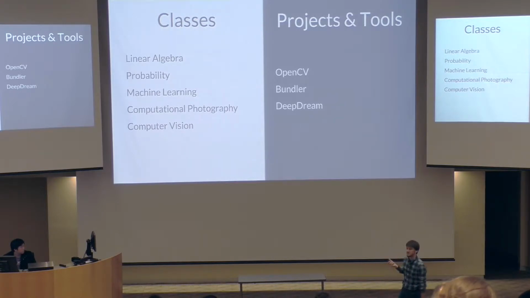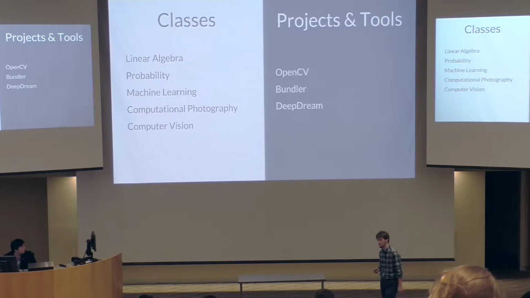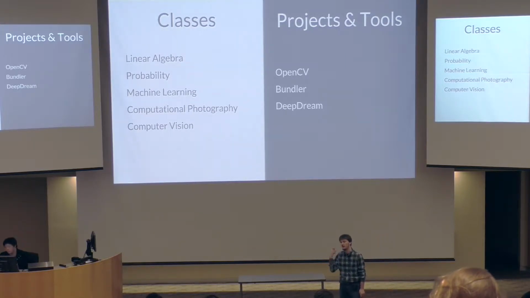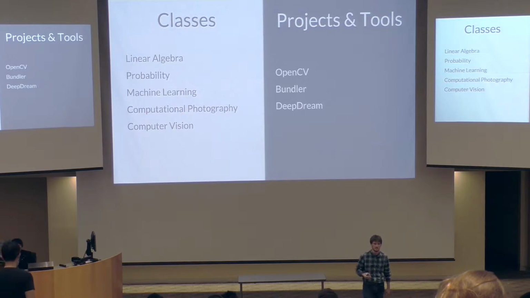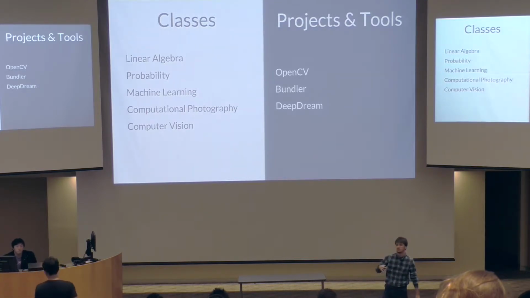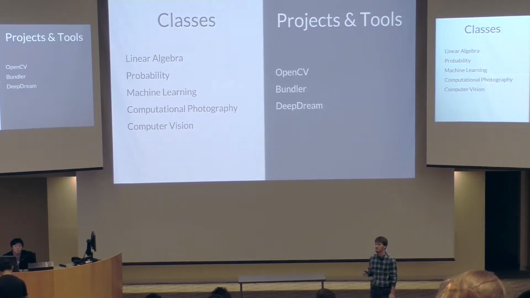Then also OpenCV. And OpenCV is the Swiss Army knife of computer vision. So if you're looking for an edge filter, if you're looking for the feature detector that I was talking about, if you're looking into recomposing things in 3D and you want to do it in code as opposed to just running a program on a computer, you should definitely look at OpenCV.